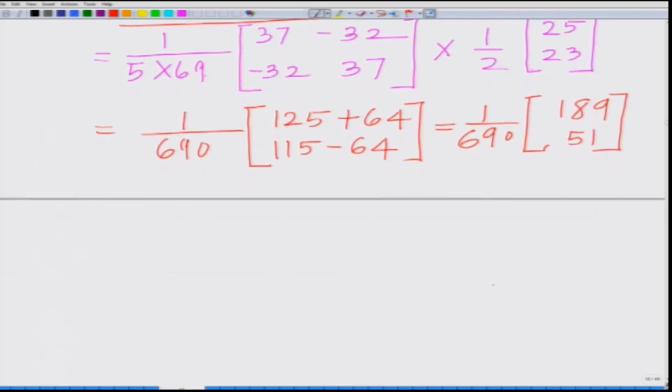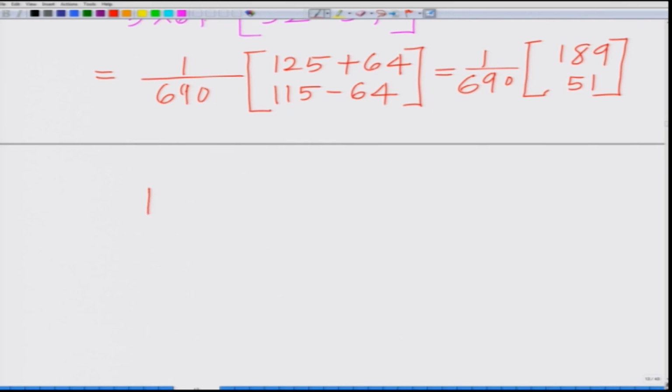So, your h hat is basically, if you write it explicitly, 189 divided by 690, and the second component is 51 divided by 690.